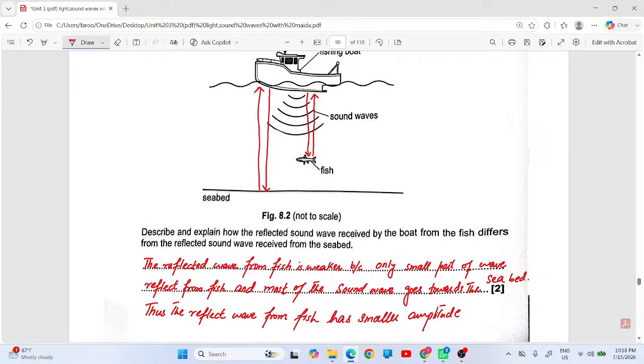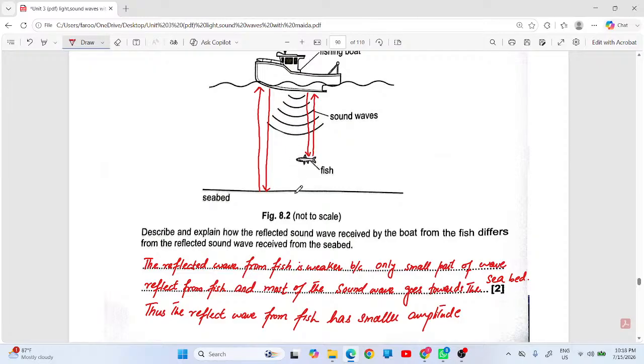Or the size of the fish is very small, so very little of the wave is reflected. What is written: the reflected wave from fish is weaker because only a small part of the wave is reflected from fish, and most of the sound waves go towards the seabed.